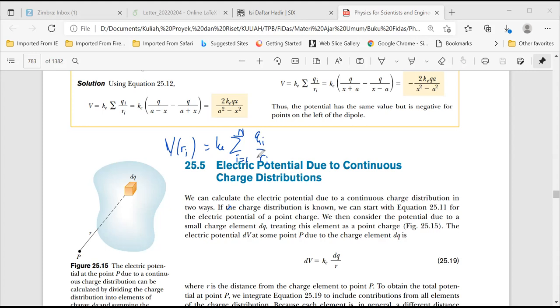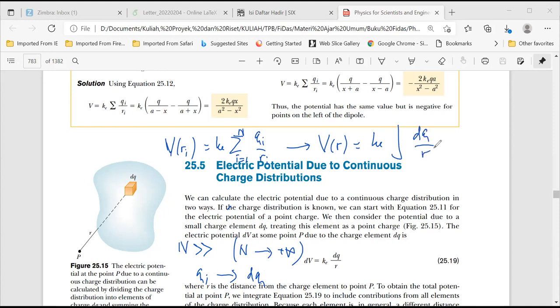If N is very large, or goes to infinity, this qi becomes an infinitesimal charge dq. So this should equal ke integral of dq over r, as shown in figure 25.15.